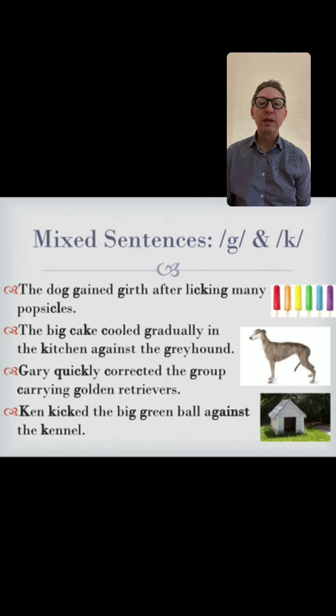Now, before I read it again, the greyhound is pictured next to it. And popsicles, for those of you for whom it's a new word, is also in that photo. It's a very icy, cold dessert or treat the kids like. The big cake cooled gradually in the kitchen against the greyhound.